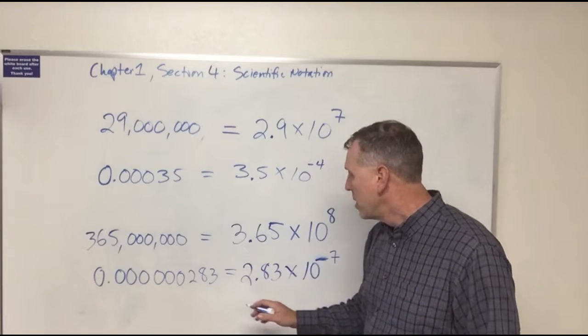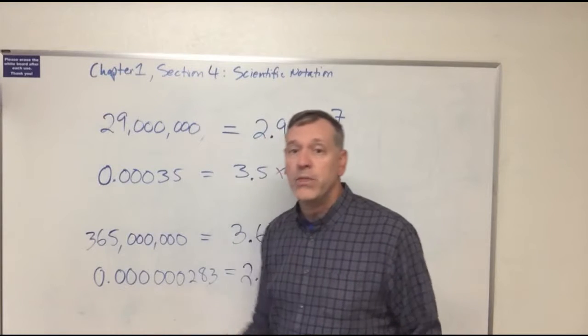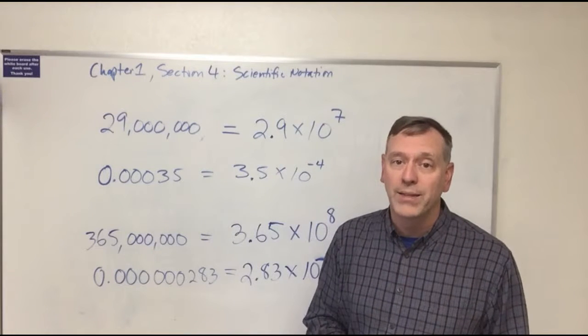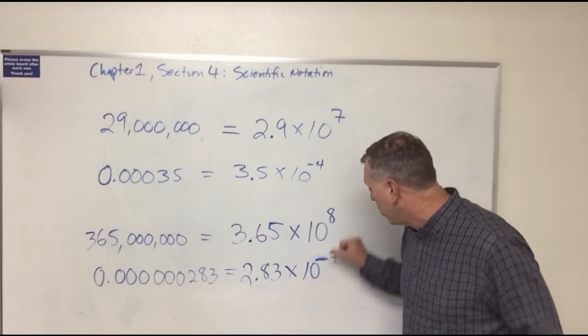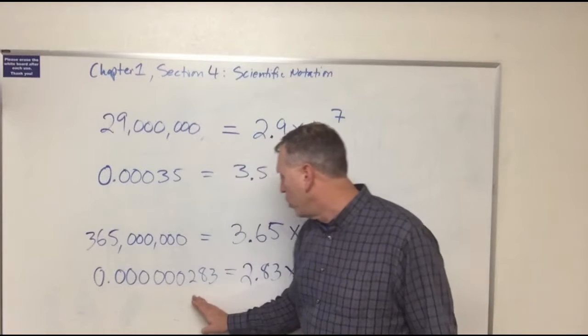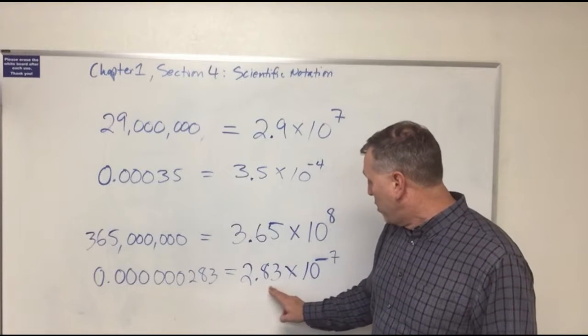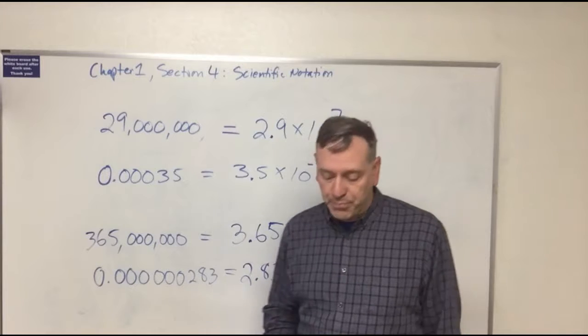That's how many times we move that decimal point this way in order to write it in scientific notation. So the final way of writing this decimal in scientific notation is 2.83 times 10 to the minus 7.